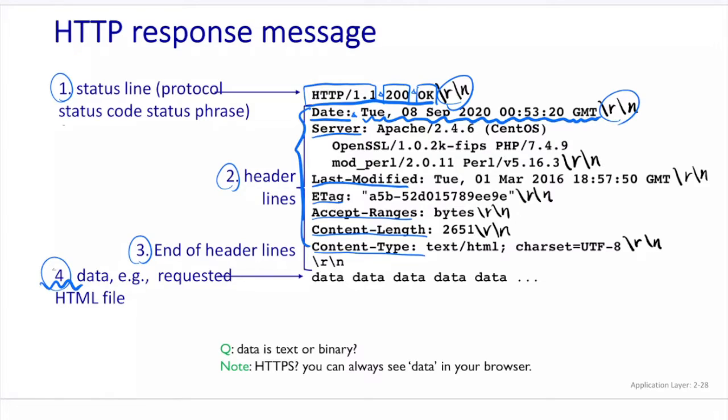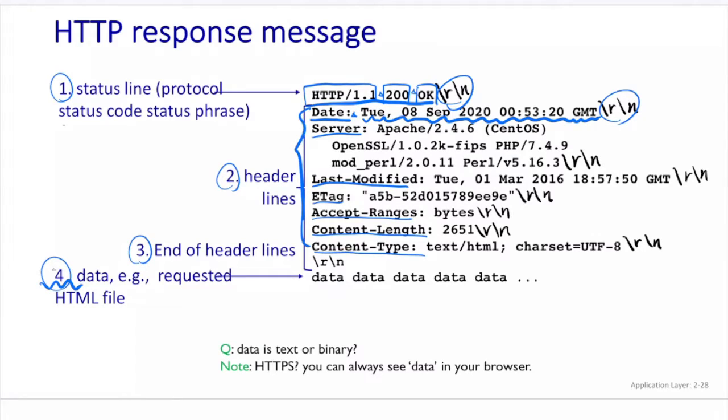The corresponding server and corresponding client will not allow receiving any headers that are not specified or defined in the protocol specification. Okay, and again, the date right here, Tuesday, September 08. You should use the exact format to represent the date.